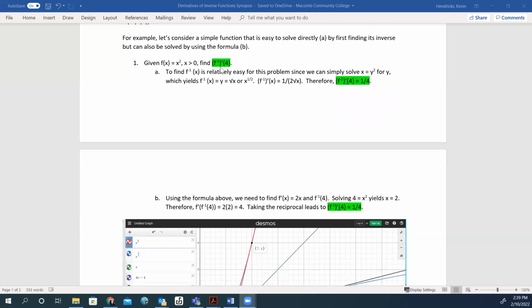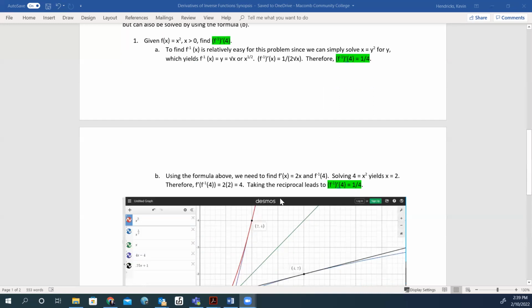So in this example, I'll let you read through it, but given that f of x is x squared, we want to find the derivative of f inverse evaluated at 4. We can either first find the inverse function of x squared, which winds up being square root of x, take its derivative at 4, and you're done.